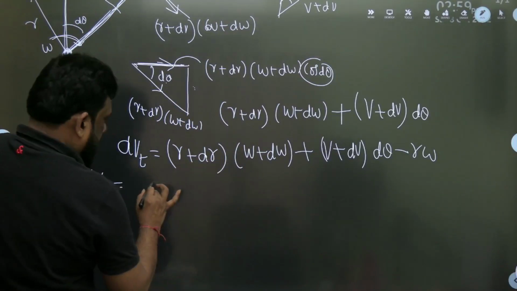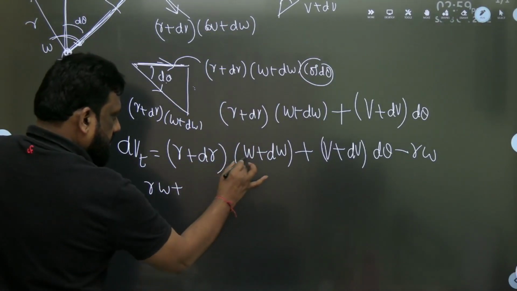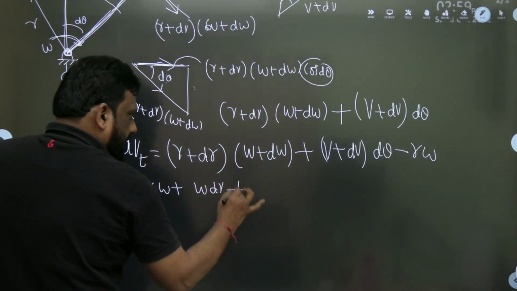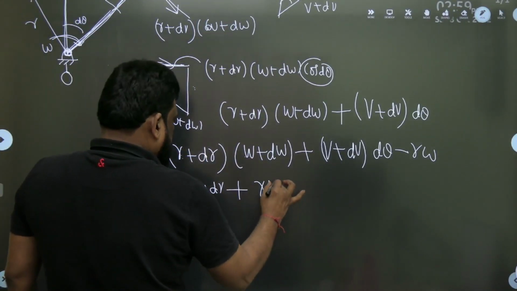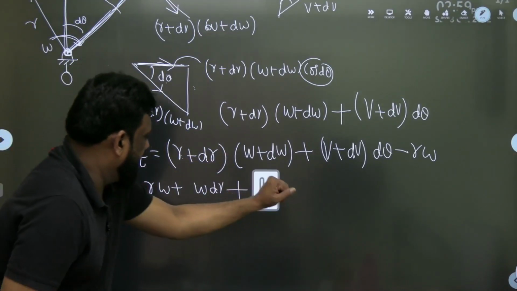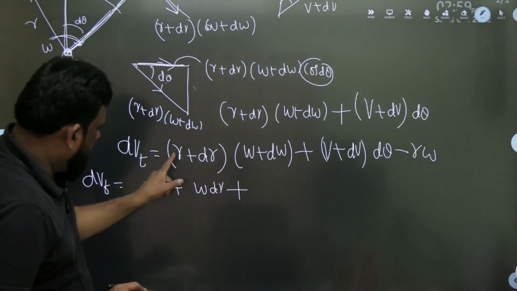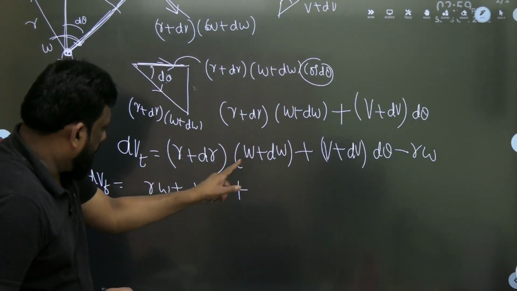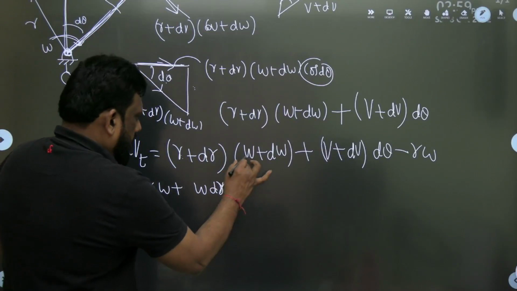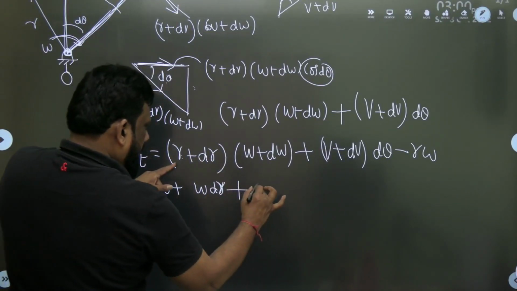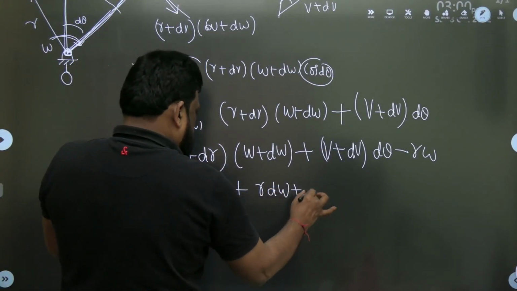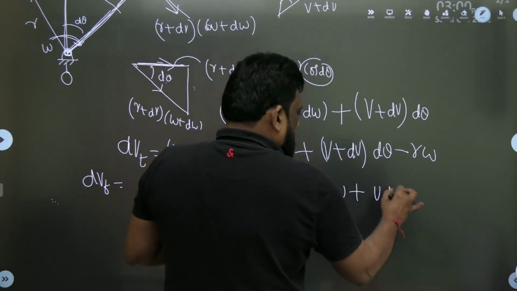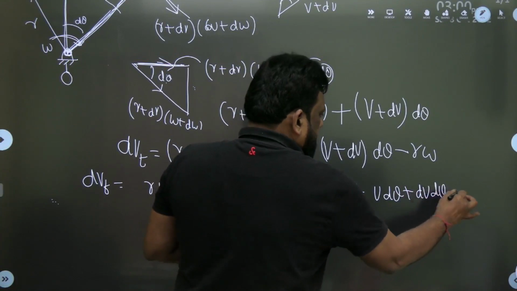Look, r into omega plus omega dr. I'm just simplifying: r omega, plus omega dr, plus r d omega, plus dr d omega, plus v d theta, plus dv d theta, minus r omega.